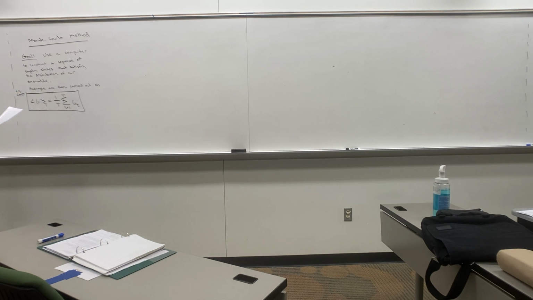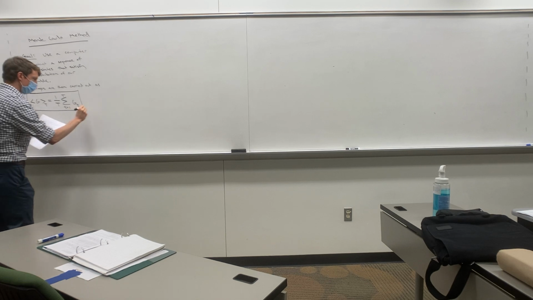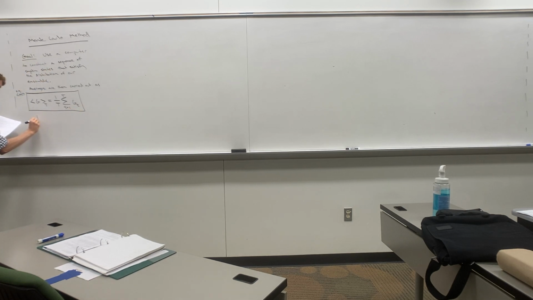Let me define big T, little t, and so on. Capital T is the length of the sequence. It's going to depend how long you run your computer. It could be, like I said, 100,000. It could be 1 million. Little t is basically the t-th member of the sequence.